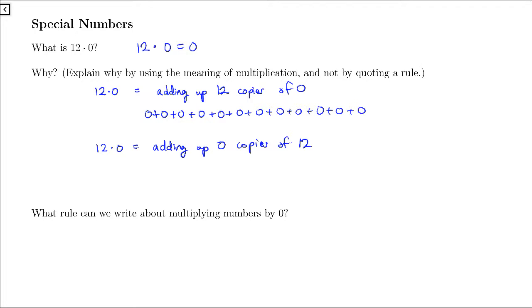I can write adding up 12 copies of 0, but if I wrote 0 copies of 12, it's like an empty addition, so I can't actually write an analogous thing like that.